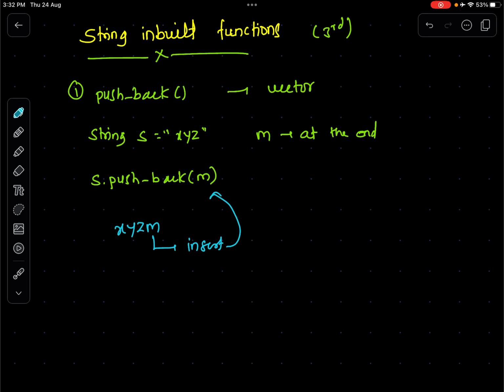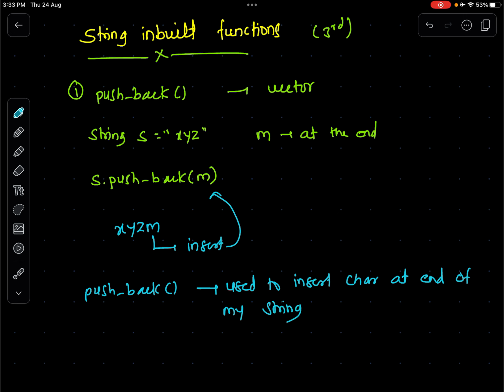So can I say push_back is used to insert a character at the end of my string, right? By the name itself, push_back is inserting the value at the end of my string. That's the reason why it is called push_back, right? I hope you understand this first inbuilt function called push_back.